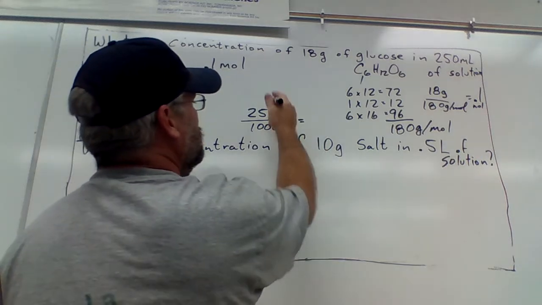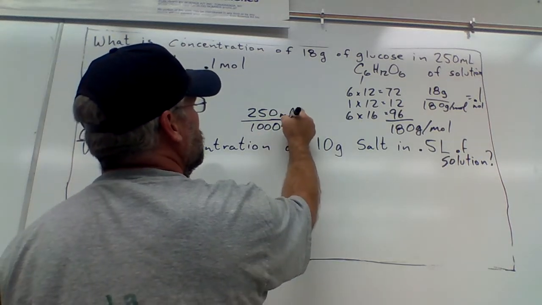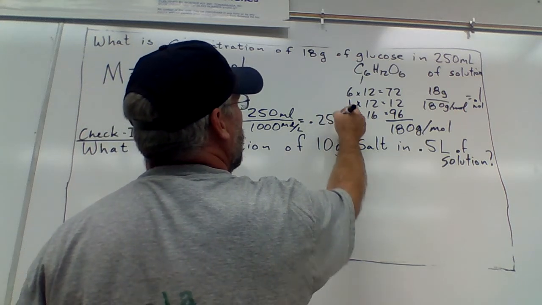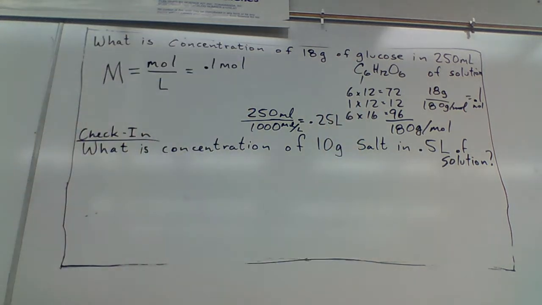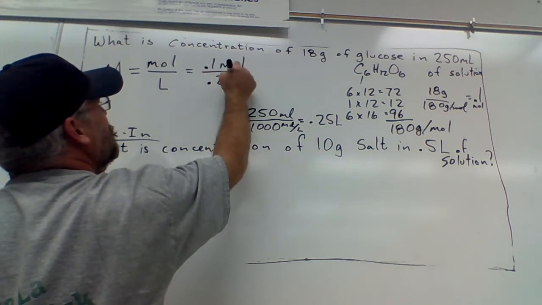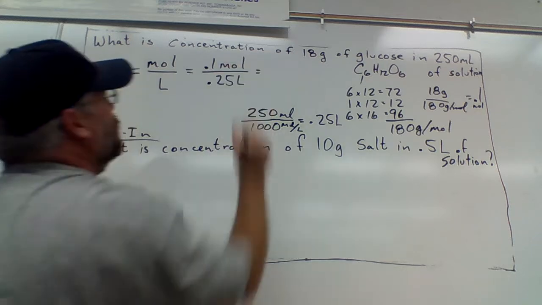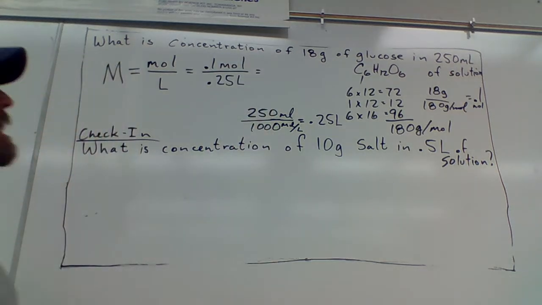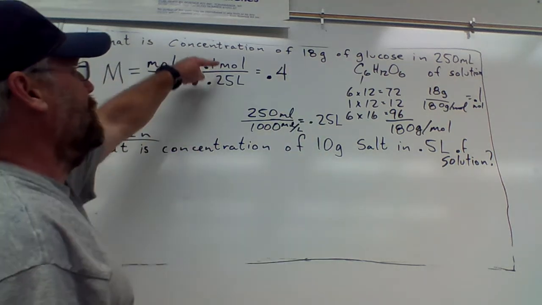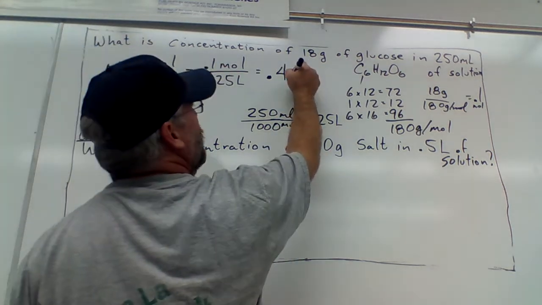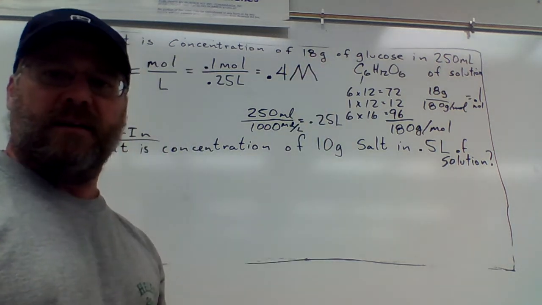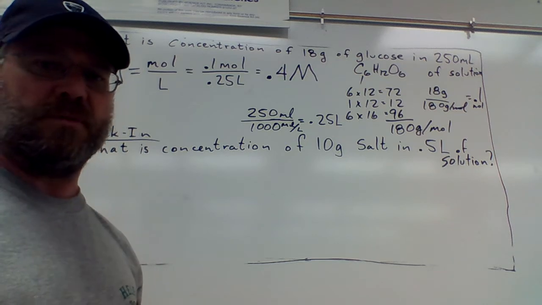So 250 divided by 1,000 milliliters per liter gives 0.25 liters. Plug that in here: 0.1 divided by 0.25 happens to be 0.4. Now I have moles per liter, so I would call that a 0.4 molar solution. That tells me the concentration. So that's the first one.